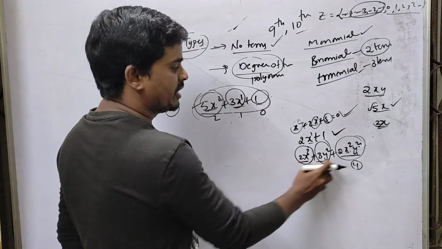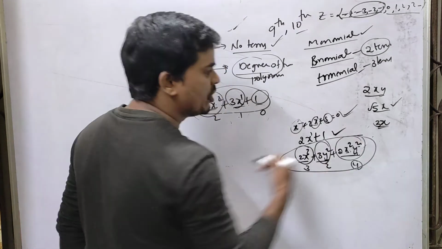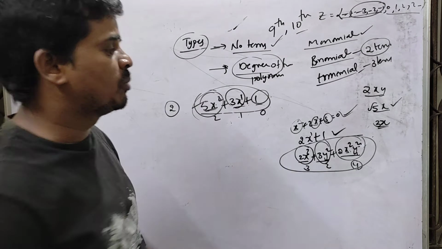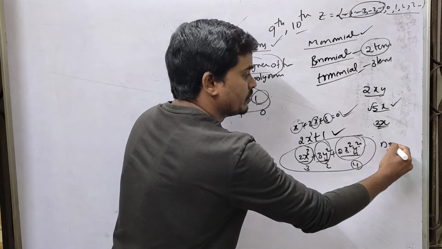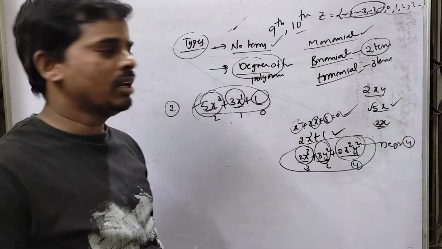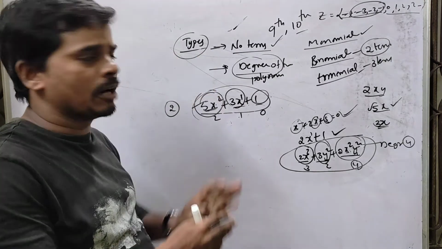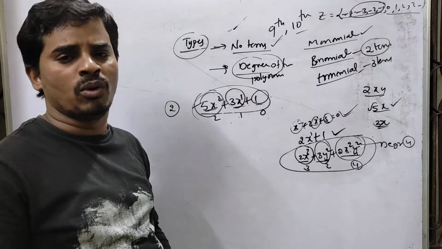Here the degrees of the three terms are 4, 2, 3. What is the degree of the whole polynomial? The highest degree of the terms is called the degree of the polynomial. The highest is 4, students. So degree 4. This is a degree 4 polynomial in 2 variables. In this chapter, in 9th class and 10th class, we learn polynomials in one variable only.